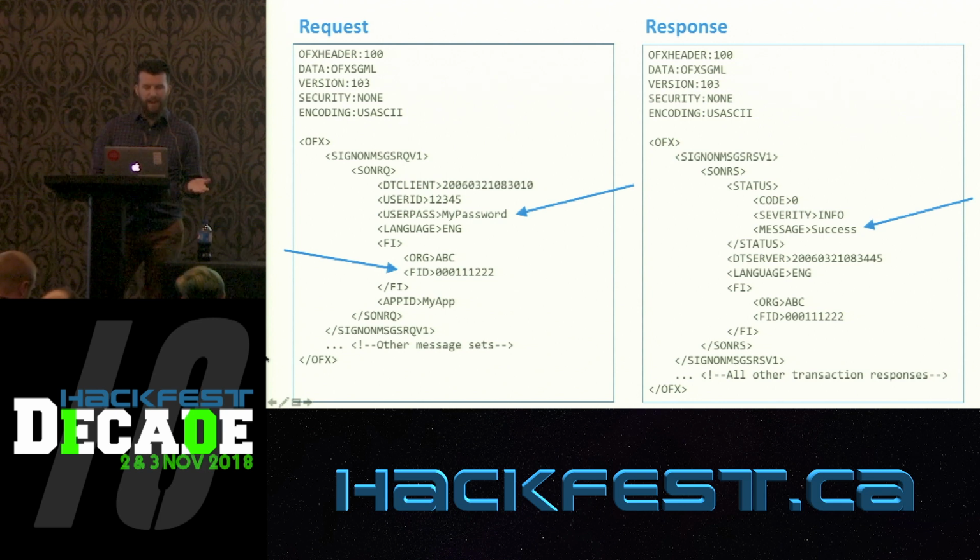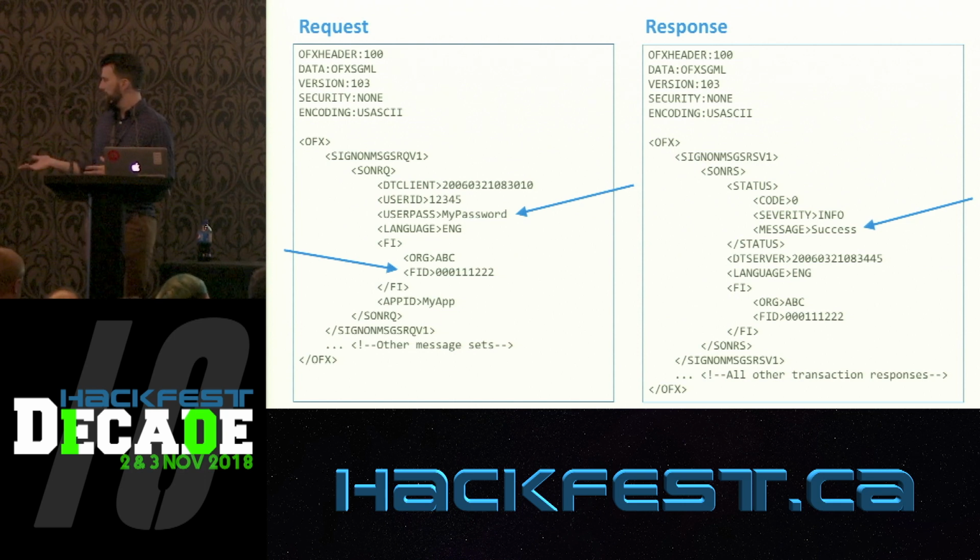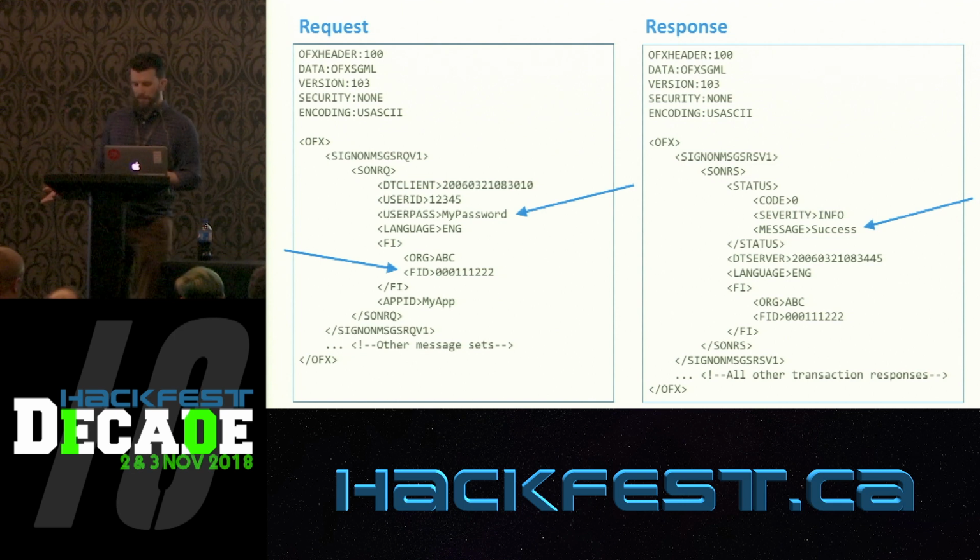The FI, sometimes you have to specify what your bank ID is in your bank organization. Sometimes you don't. And then you get back a success message and then some data in this sort of XML-ish format.